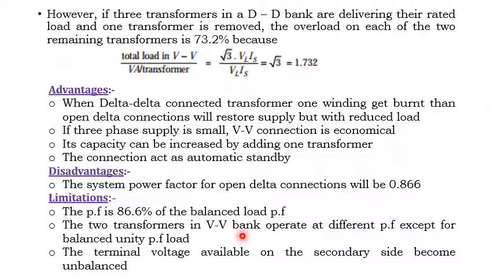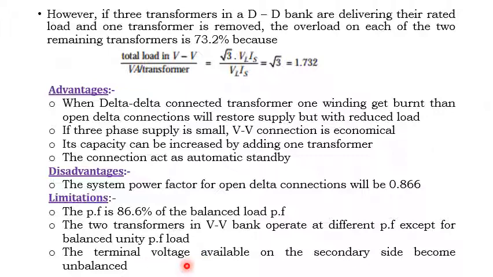Comparatively, as with the delta to delta combination, the terminal voltage available on the secondary side becomes unbalanced. So in this type of connection, that is open delta connection, by removing any one winding or any one transformer, it drops into an unbalanced condition.